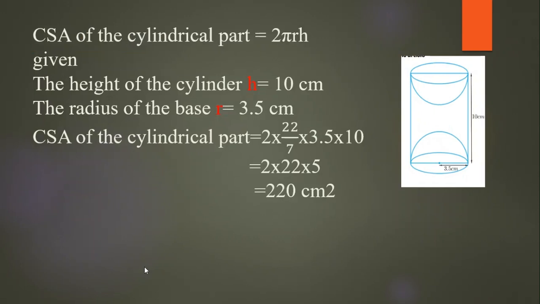Answer means here the total surface area of that particular article should be the same. If we change the method, the answer should not change, because the curved surface area of that particular article is the same. We have just changed the methods in order to make the calculation simpler.